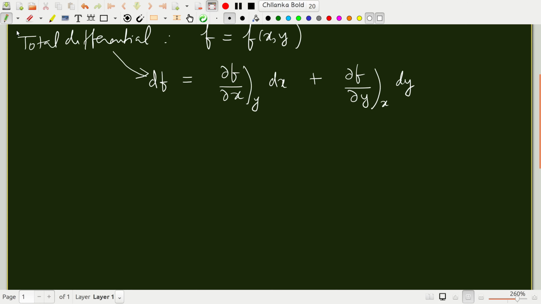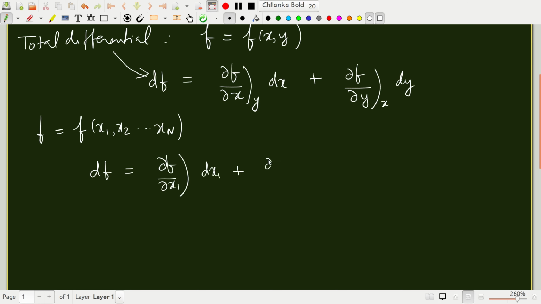Now, as I told you in the last lecture, this can be generalized. If instead of a function of two variables you have a function of n variables, f of x1, x2, and so on up to xn, again df is nothing but partial f partial x1 dx1 plus partial f partial x2 dx2 plus so on plus partial f partial xn dxn.